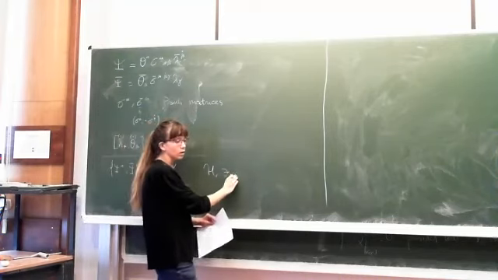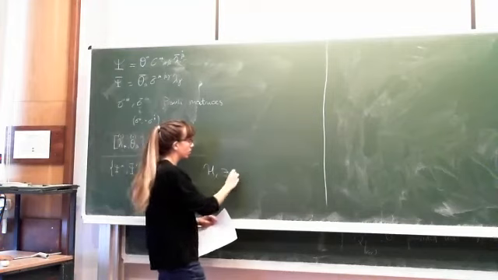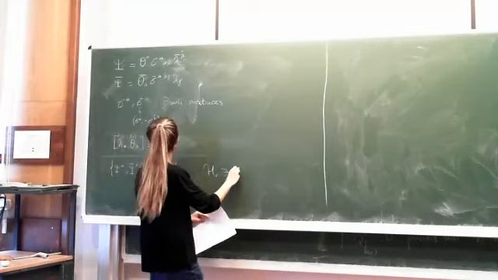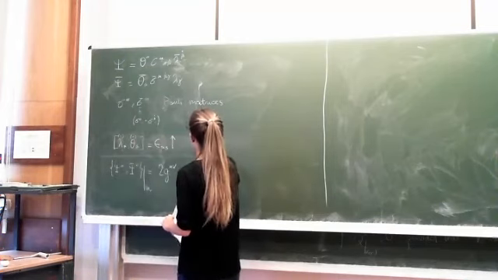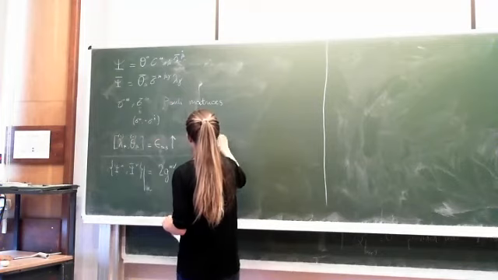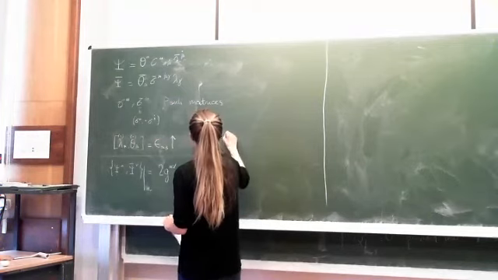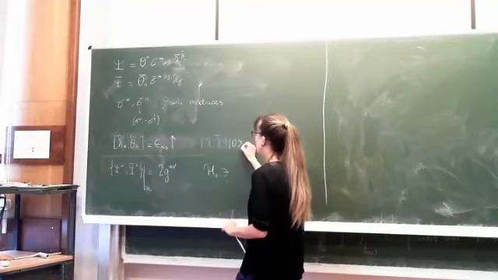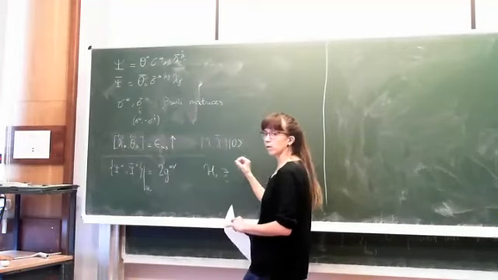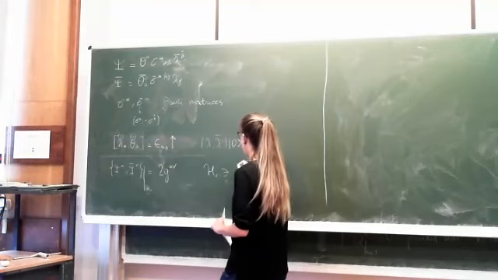So in your restricted Hilbert space, since for this you can declare lambda and lambda bar to annihilate your vacuum, while theta and theta bar will create your vacuum.